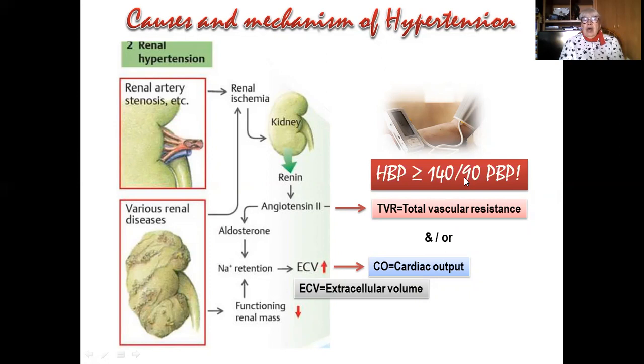But we also have to pay attention to the pulse blood pressure, which will be 40 or less, typical for the diastolic type of hemodynamic disorders in the case of renal hypertension.